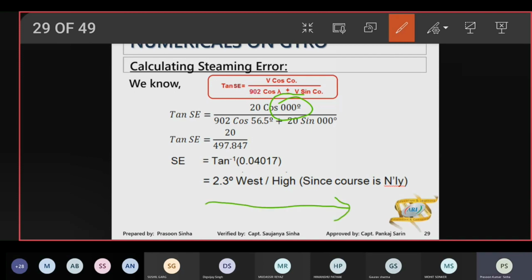Again, the same diagram. When it is, the resultant is like this. This gyro compass shifts towards west, 90 degrees to the resultant. And so we have another westerly error, which is 2.3 degrees if you do the calculations.